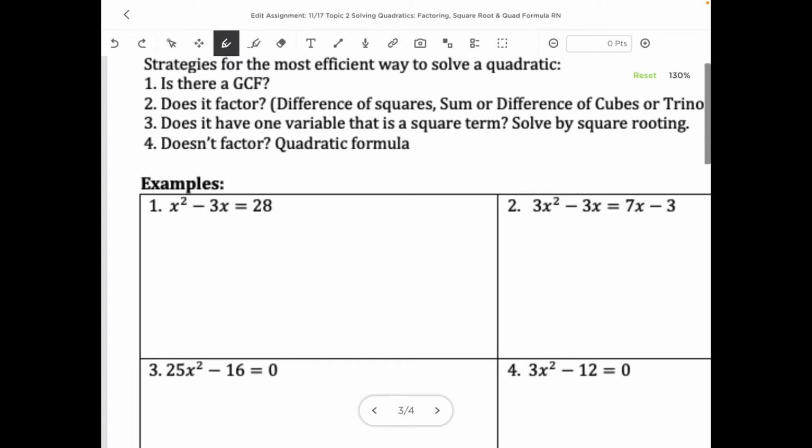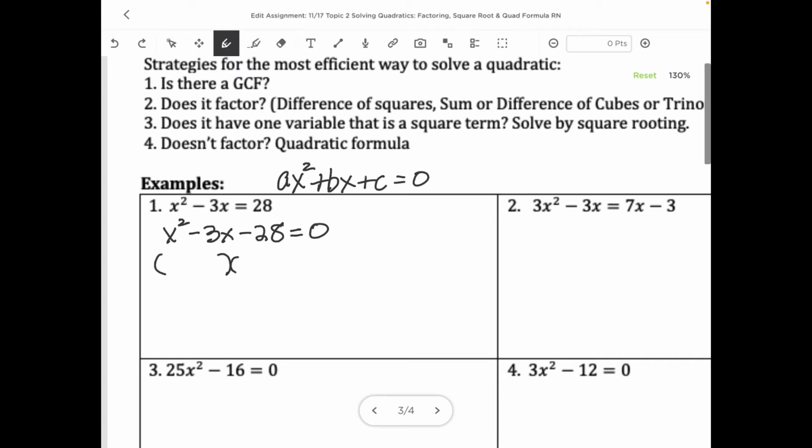The first thing you're going to want to do is get your quadratic into standard form. So just to remind you what standard form is, ax squared plus bx plus c equals 0. This is not in standard form, so we're going to go ahead and put it into standard form. So x squared minus 3x minus 28 equals 0.